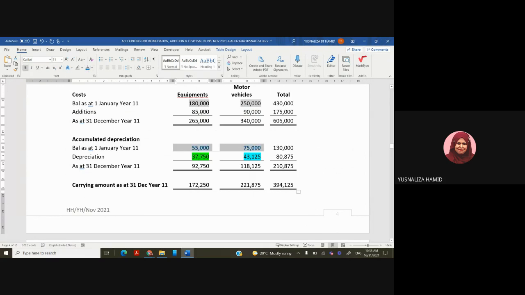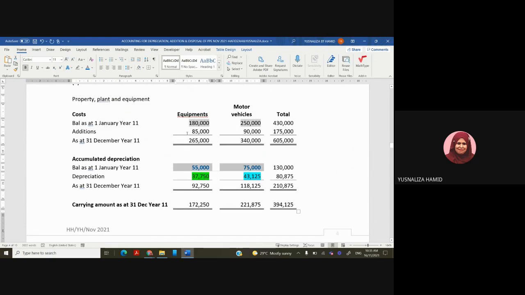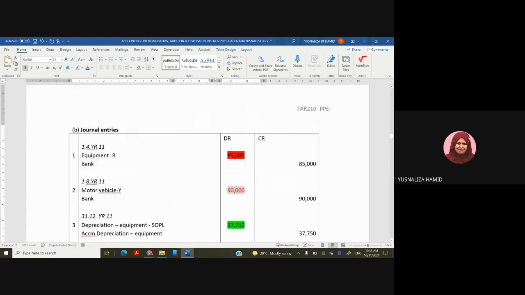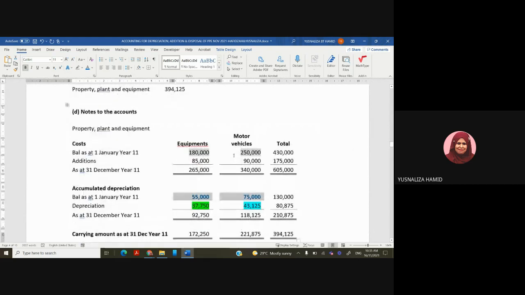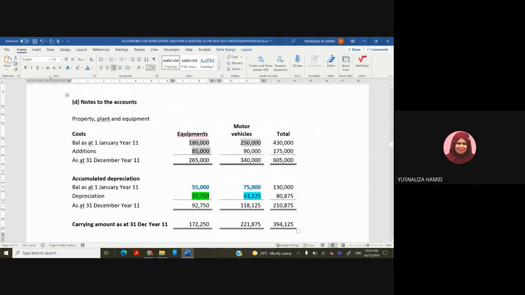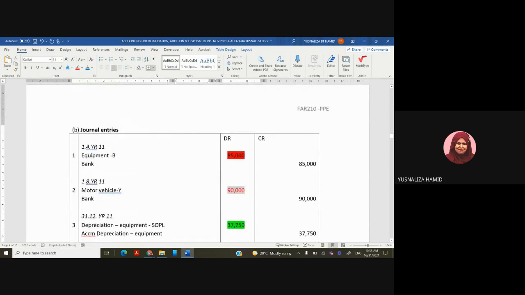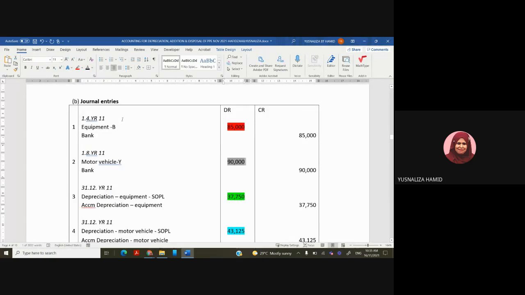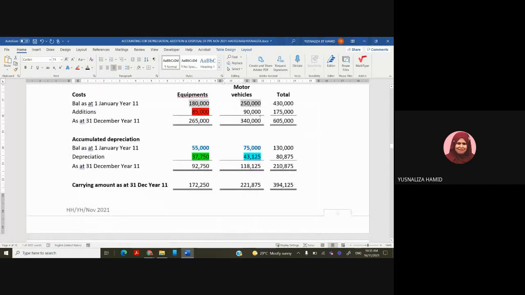Okay, for the addition, addition is the new purchase, right? So for the addition, this one, 85,000 is the one here, 85,000, which is from the transaction on 1st of April. And this 90,000 is the one here, which is from the transaction on 1st of August. 1st of August, right? You have the transaction.